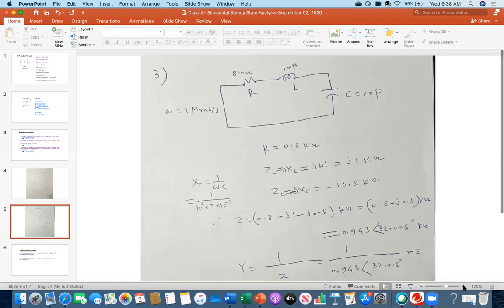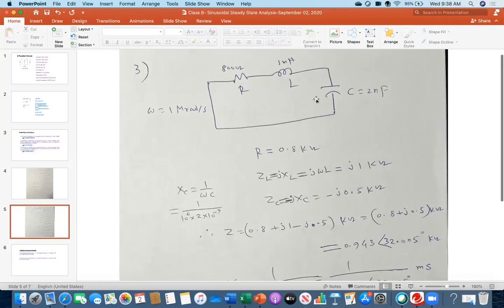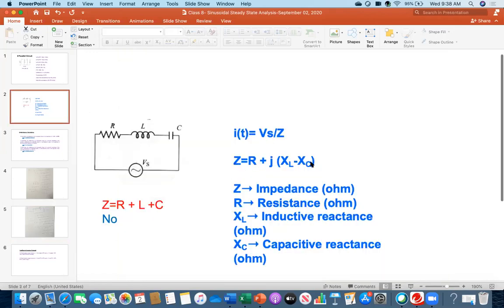Everybody see, because those are now given in series, I have to go with the series rule. This means that I have to use this one: for series, Z equals R plus j(XL minus XC).